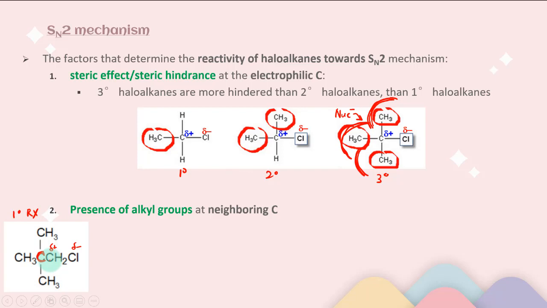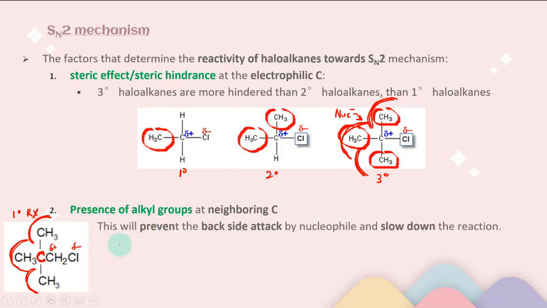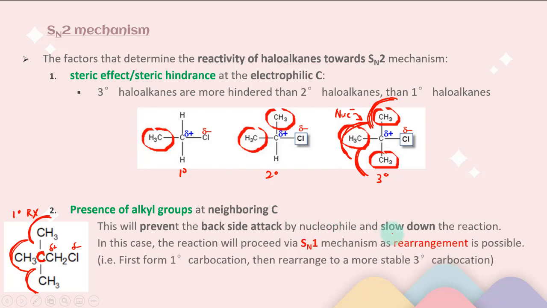So even though we want to attack this electrophilic carbon from the back, but because of the presence of the alkyl group, it's also forming a shield behind it. So also kind of the same, it blocked the backside from nucleophilic attack. So nucleophile is very difficult to attack from the back. Okay, so this will prevent the backside attack by nucleophile and slow down the reactions.